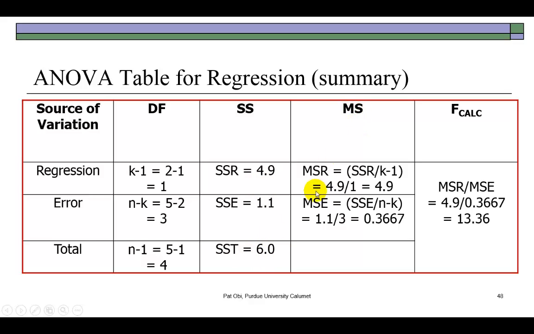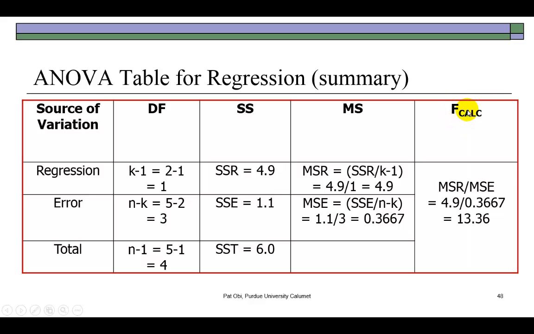And then the mean square for regression would be sum of squares regression divided by the degrees of freedom. So 4.9 divided by 1 is 4.9. And the mean square for the error would be sum of squares error divided by the degrees of freedom of n minus k. So that's 1.1 divided by 3. That's going to give you this.